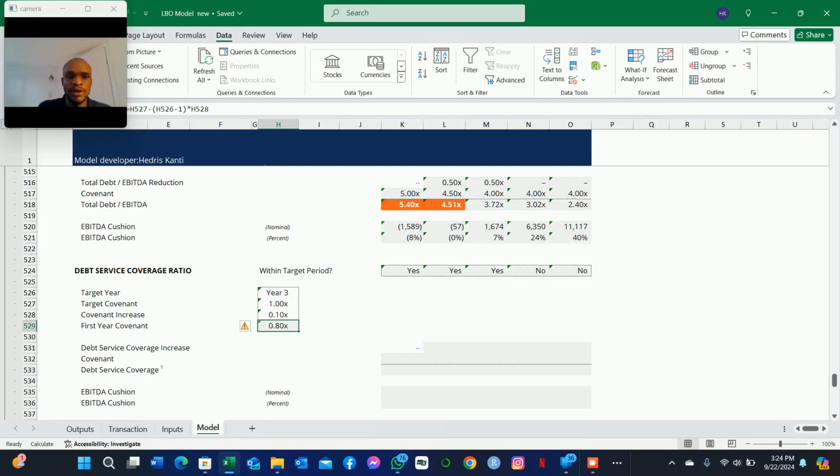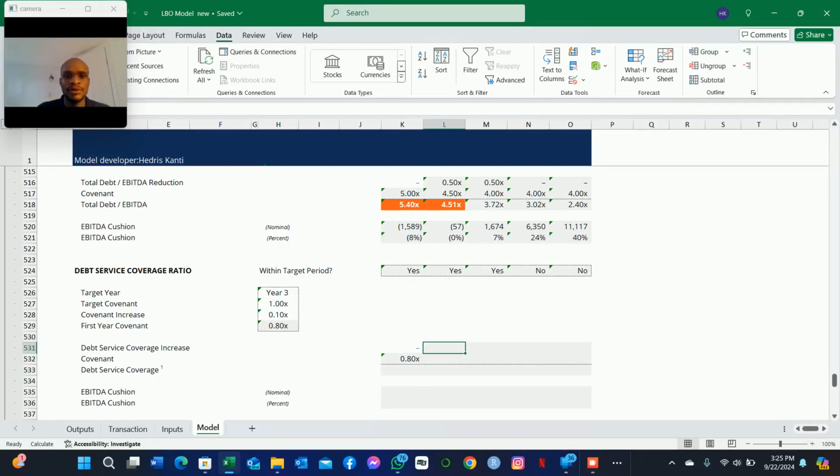So we have it set up there as 0.8 times. We have to reference that here. So the first year is going to be this 0.8 times coverage ratio.